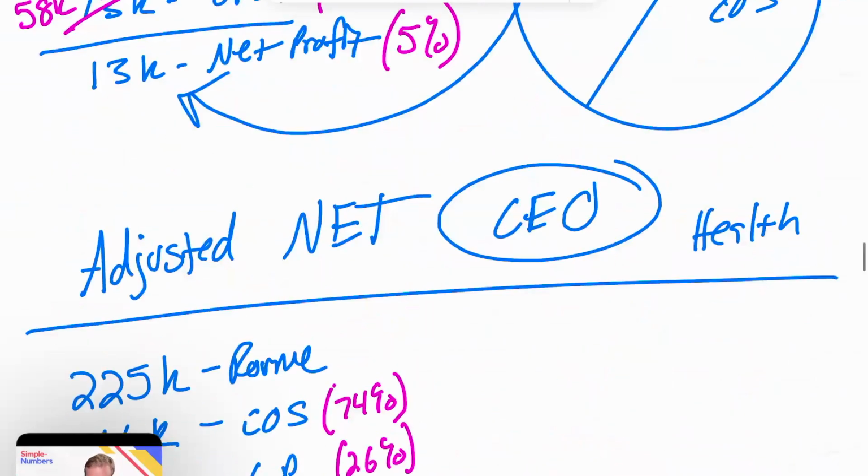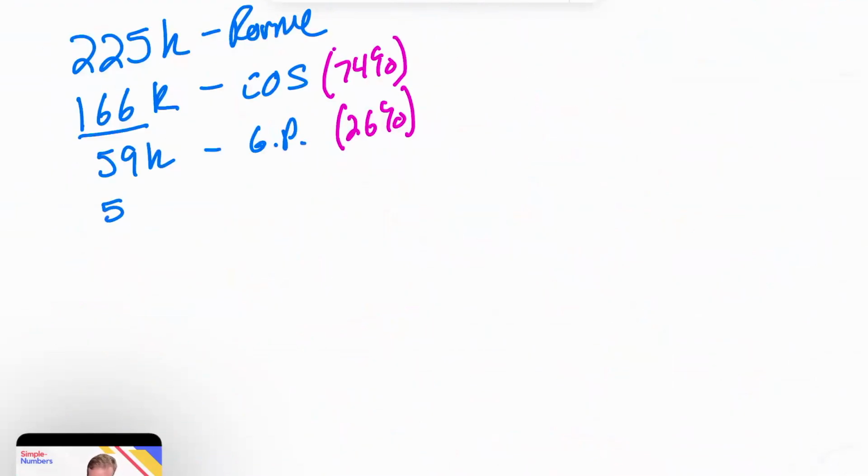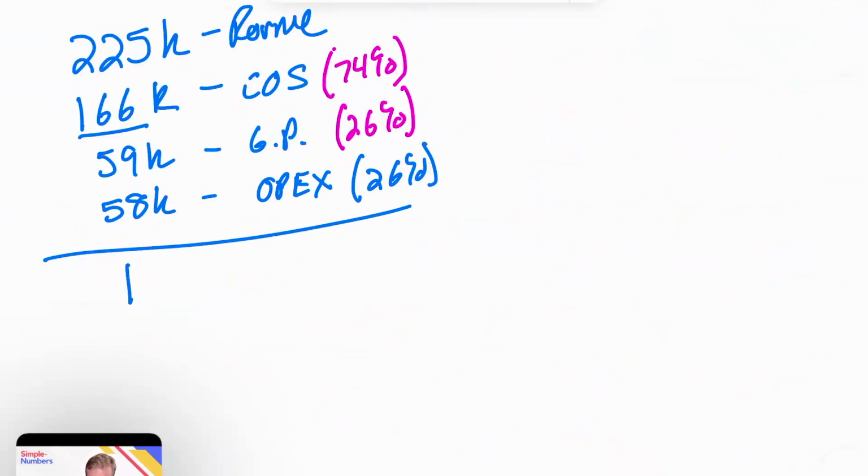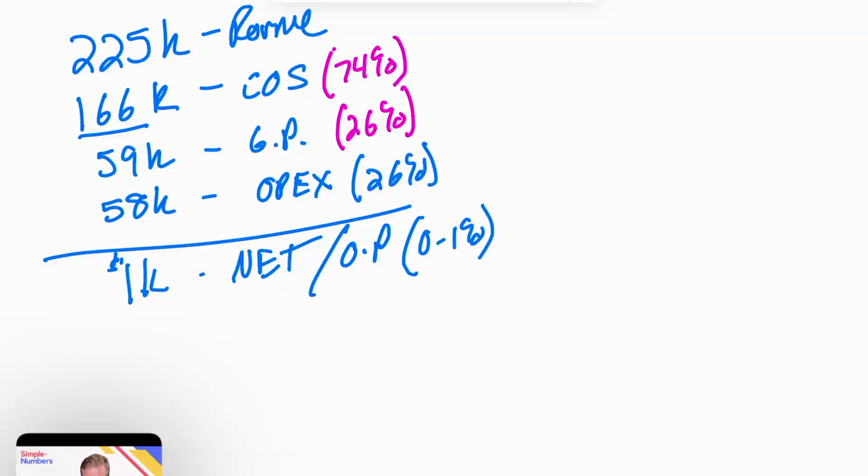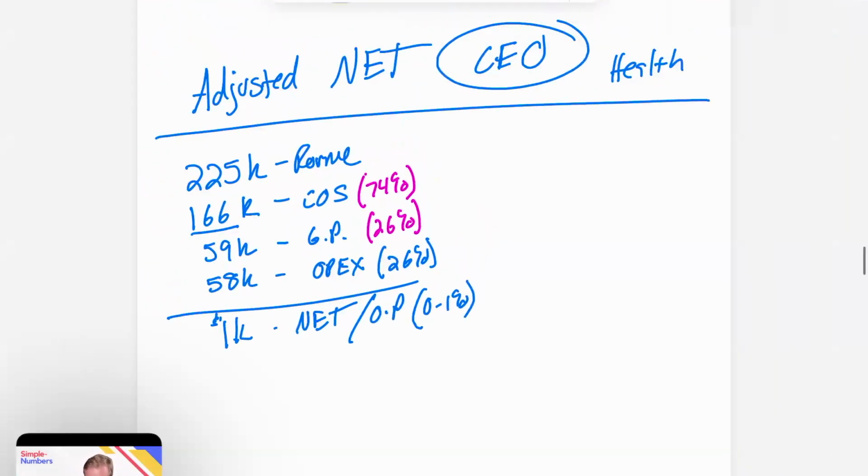That would have been their true actual operating expenses, $58,000, which would have been ironically 26%, which would have left them with about $1,000 in net profit and any owner pay, which is basically 0 to 1% if we're rounding. So these are the actual numbers of the business model that they're running.